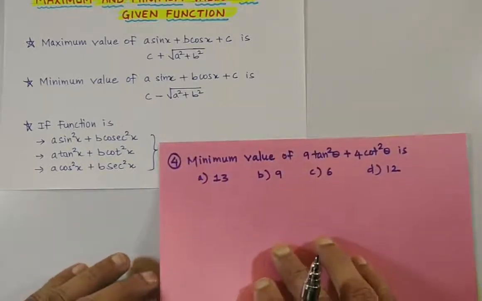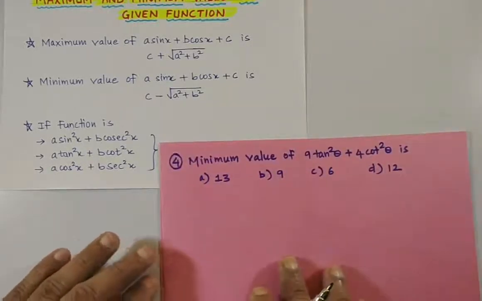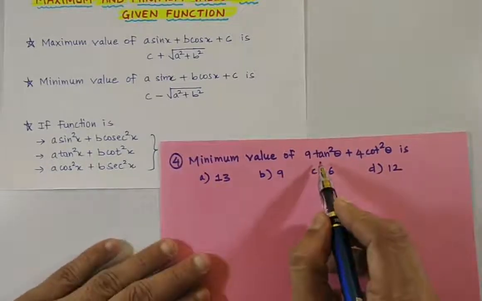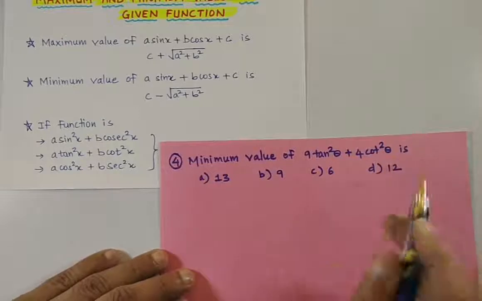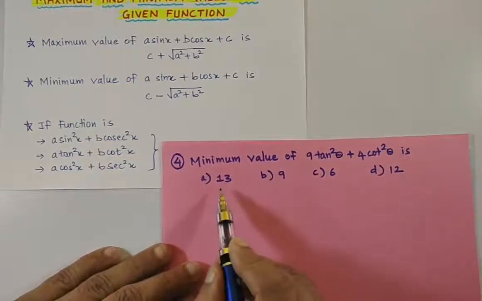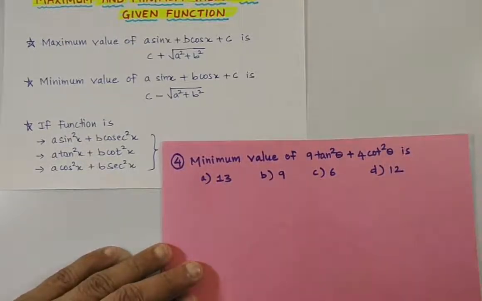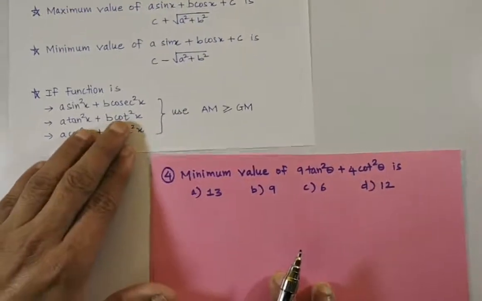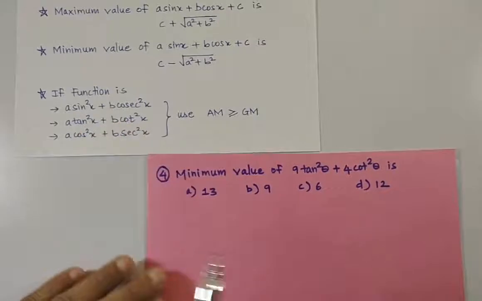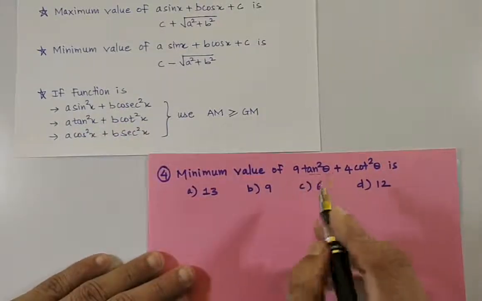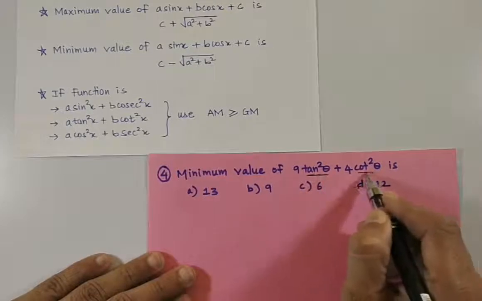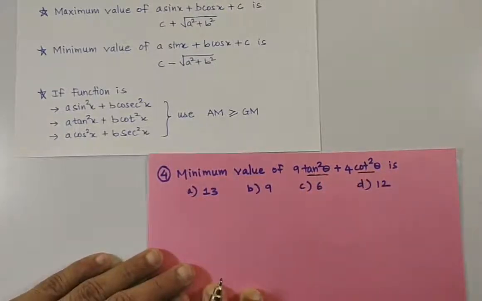Similarly, now if I take the fourth one. Minimum value of 9 tan square theta plus 4 cot square theta, options 13, 9, 6, 12. So now see here, this is based on the third hint that I have written here. If you observe, tan square is there, its reciprocal cot square is there.